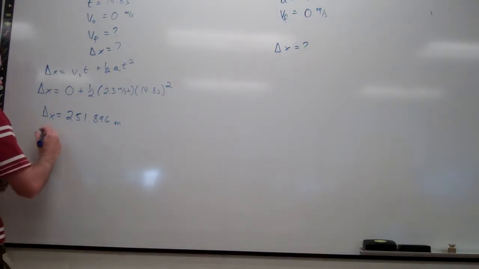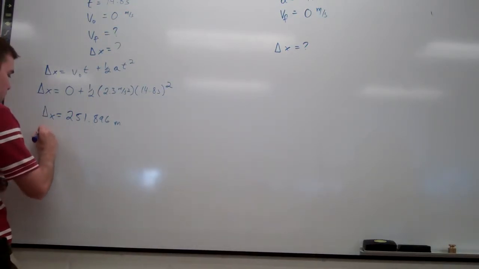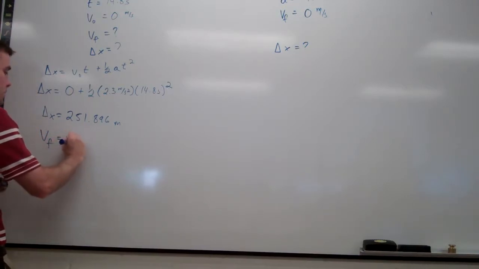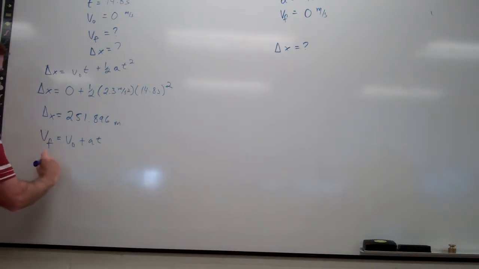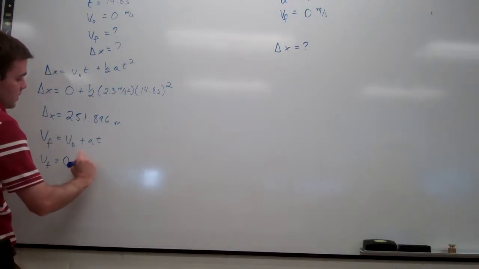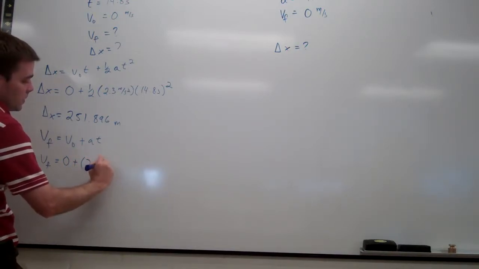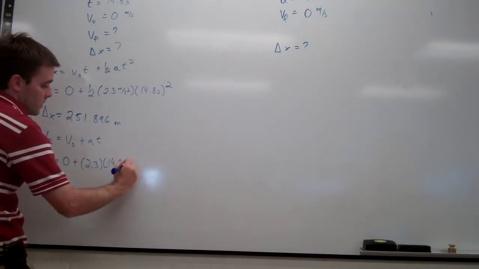So what equation has these 4 in it? Number 4, yep. We do VF equals VO plus AT. VF equals 0 plus 2.3 times 14.8 seconds.